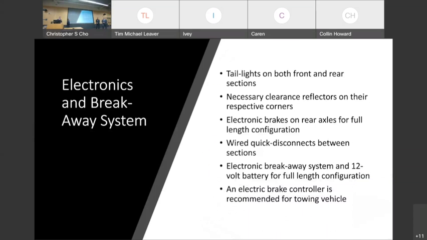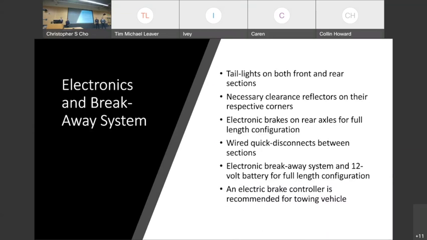Since the main scope of our project was designing the frame and the structural elements, we did not create an electronics diagram. We did come together with the parts or components that would be required for the trailer to function properly. So the aforementioned tail lights on both the front and rear sections, and any clearance reflectors or lights on the corners.